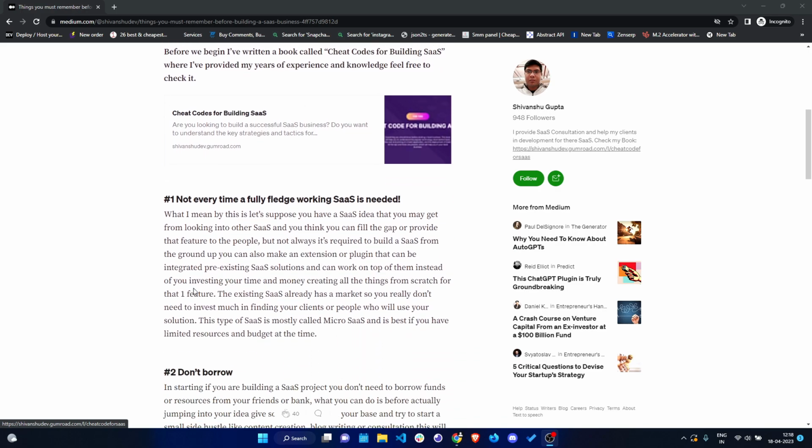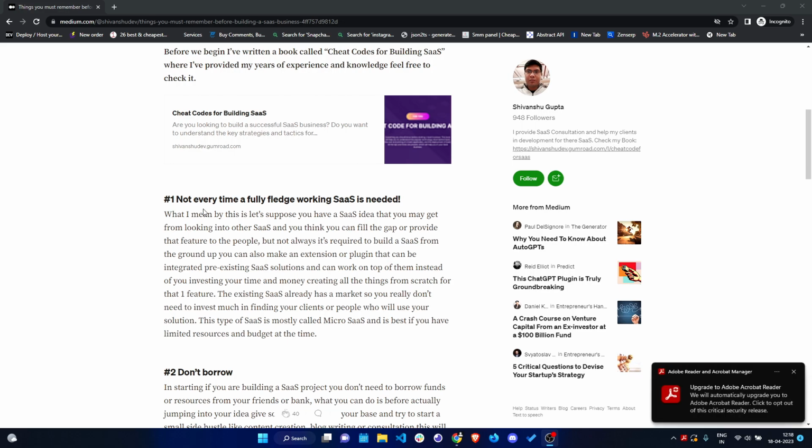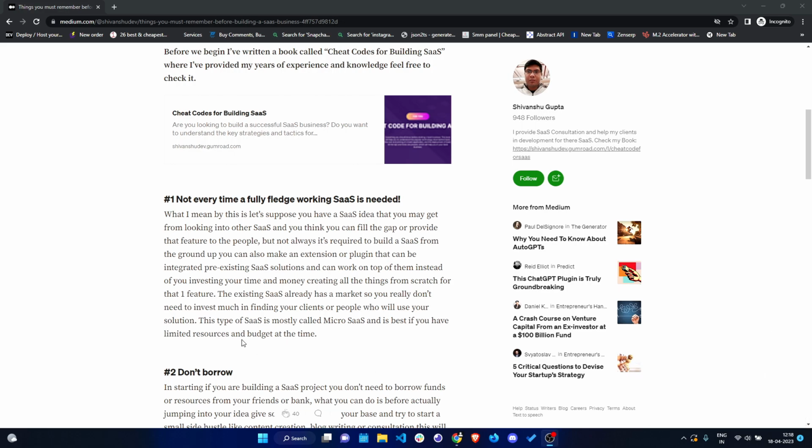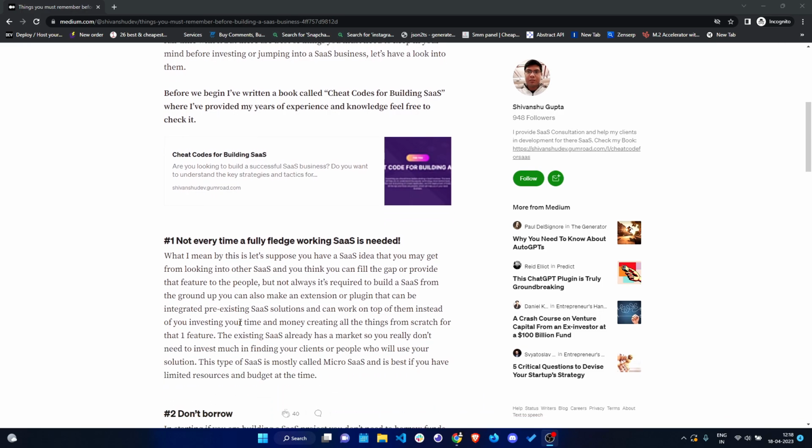Now, moving forward, the number one point I want to highlight is that you don't always need a fully fledged SaaS application. You may have one or two features in your idea that you want to execute, but for those, you don't need to make a fully fledged SaaS application from the ground up.